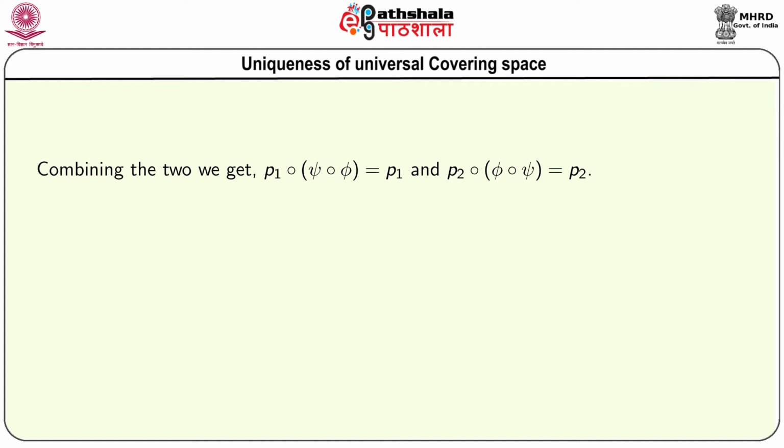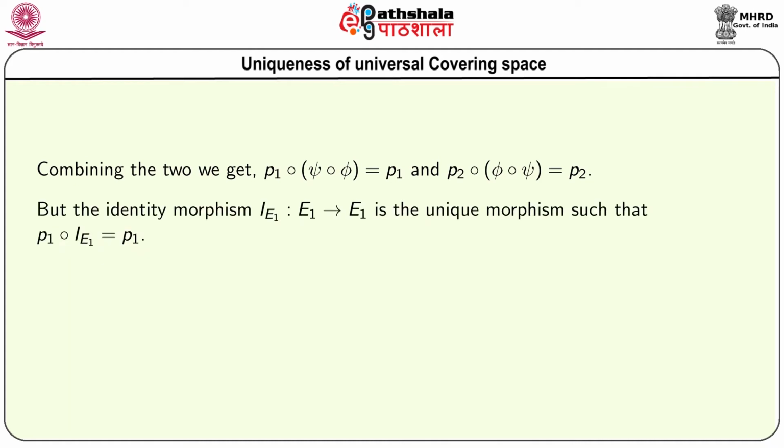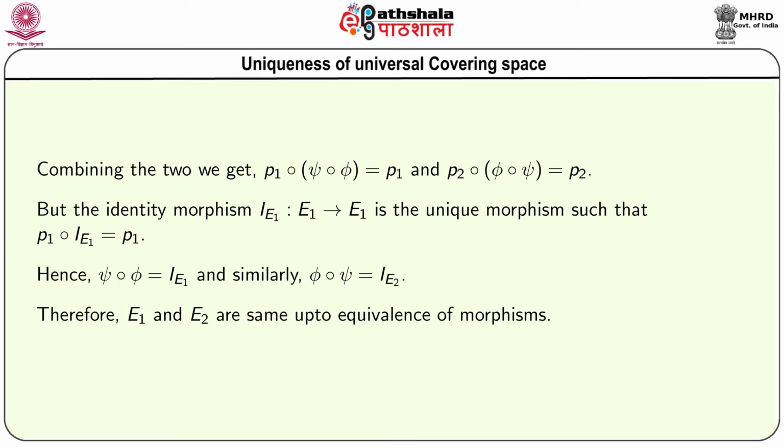There exists a unique morphism psi from E2 to E1 such that P1 composed psi is P2. So, combining these two, we get P1 composed psi composed phi is P1 and P2 composed phi composed psi is P2. But the identity morphism IE1 is the unique morphism satisfying the condition P1 composed IE1 is equal to P1. So, psi composed phi must be IE1 and similarly we have phi composed psi is equal to IE2.